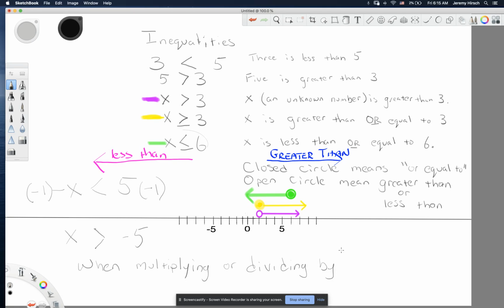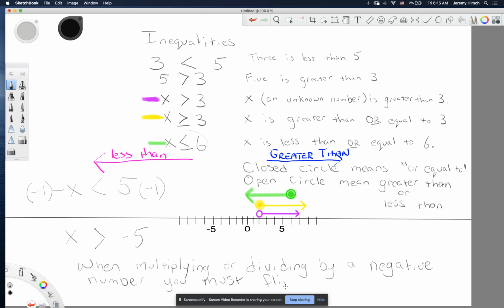So instead of the opposite of x is less than 5, it becomes x is greater than negative 5. Any negative number, you must.